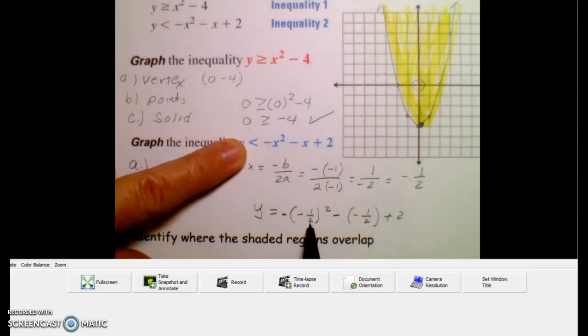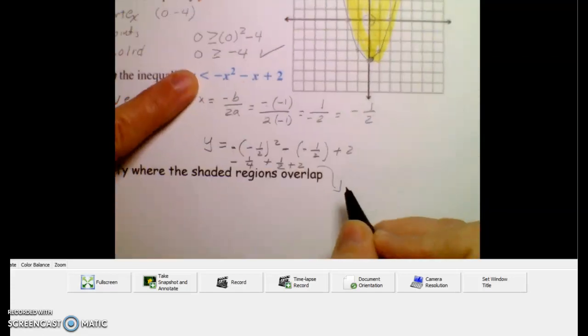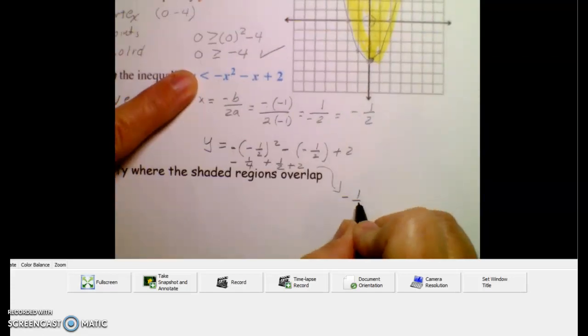If I square 1/2, I get 1/4. But there's a negative sign in front, so it's -1/4. I have a negative, so that's positive 1/2 plus 2. I'm going to write these down here so you can see them easier. I've got -1/4 plus 1/2 plus 2.